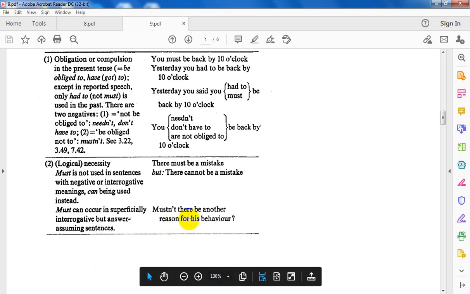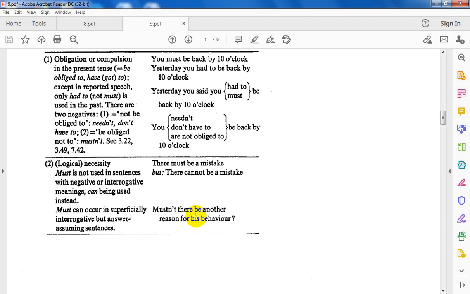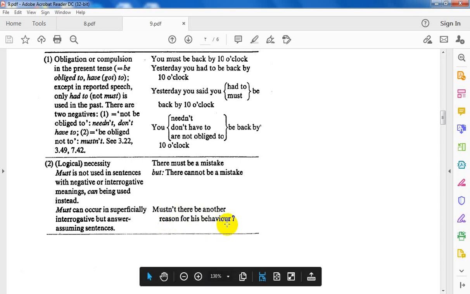Like, mustn't there be another reason for his behavior? Here this question doesn't need an answer. The answer is assumed from the question itself. So you see, it is negative interrogative, and I used mustn't.